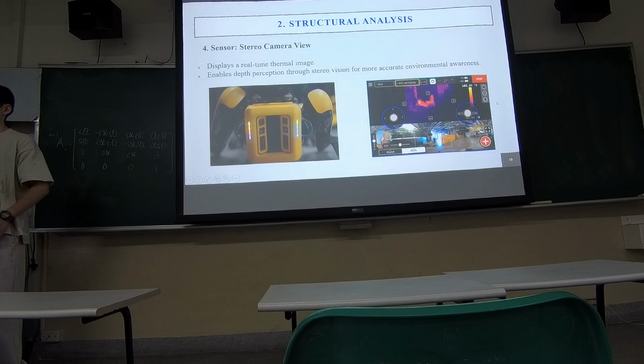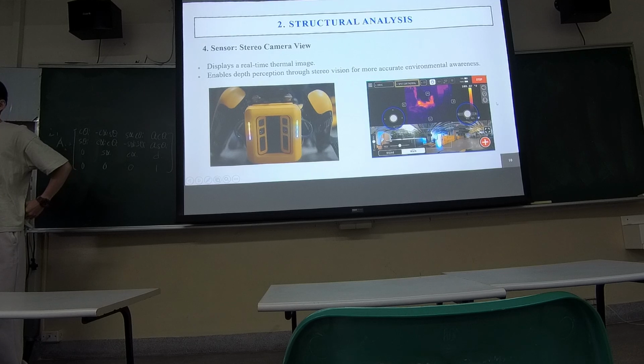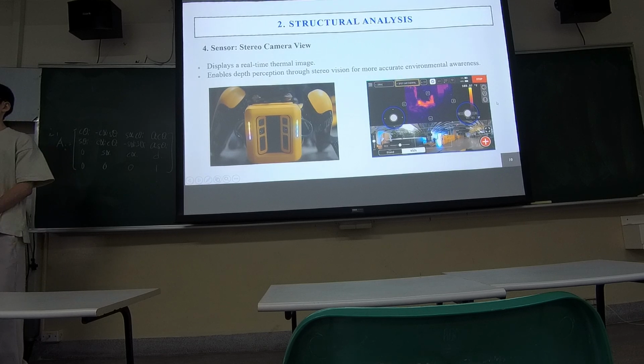And then are the sensors used in Spot. In order to navigate their environment and move safely, Spots rely on several sensors. One commonly used sensor is the stereo camera, which helps the robot perceive views and create 3D maps of its surroundings.